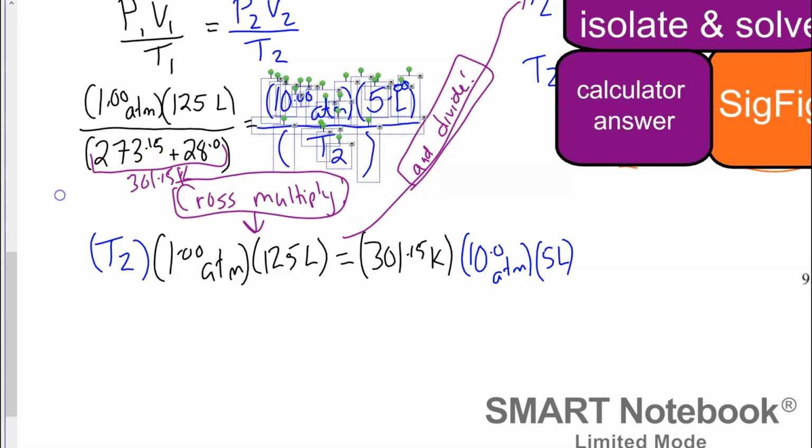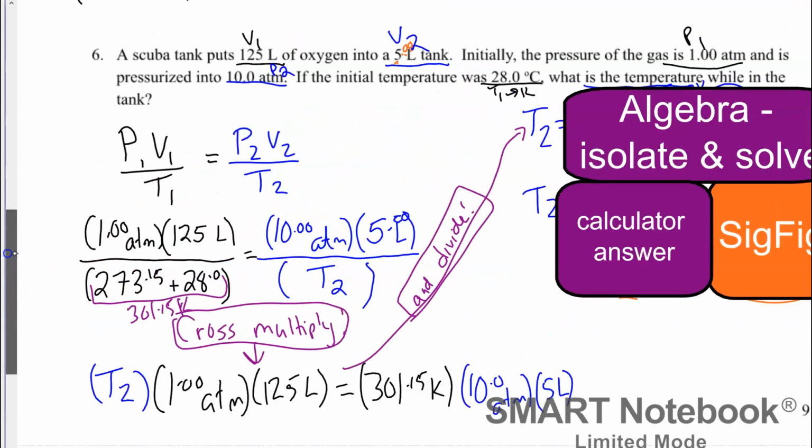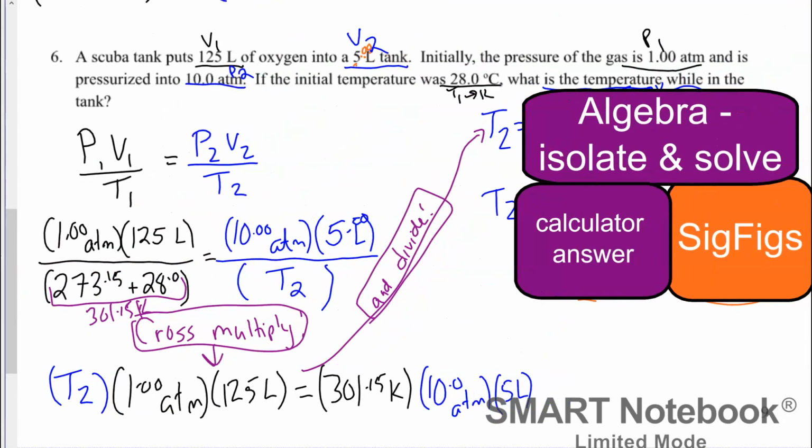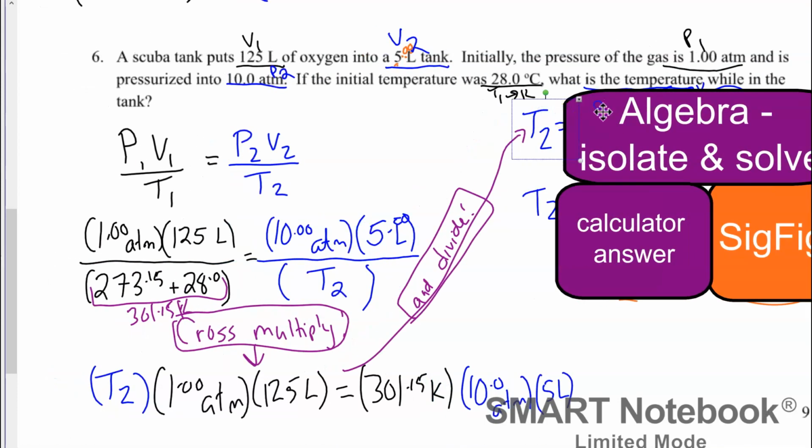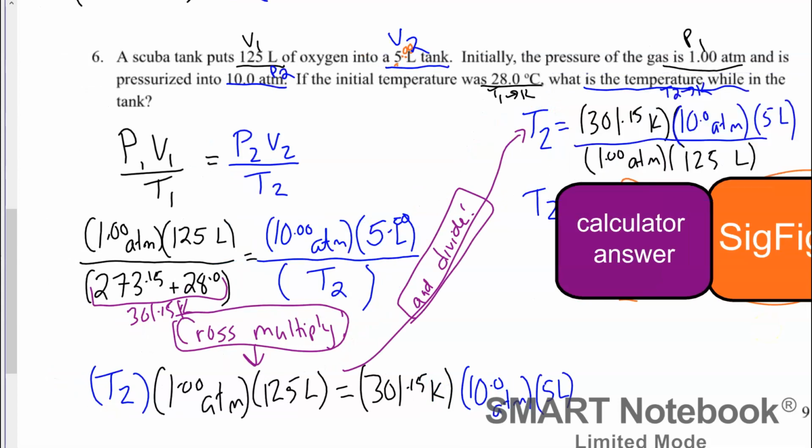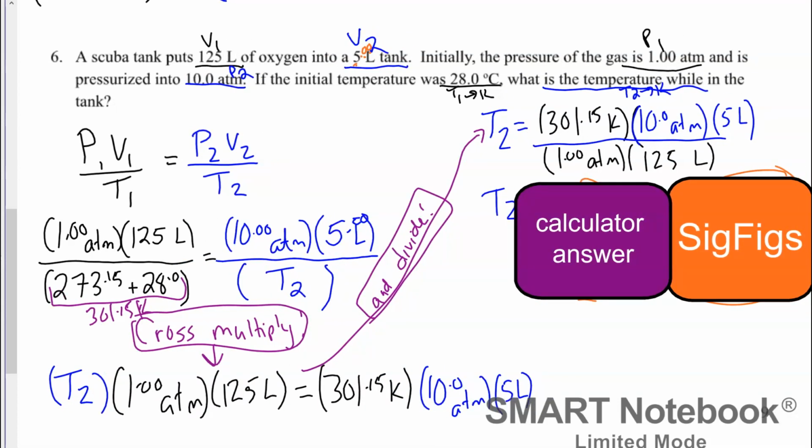And then we're multiplying the other side. This side, that's the new part of our equation. Okay, so we cross multiplied and then we have to divide. So we're going to do that work over here. So T2 is going to be equal to this side divided by what's left over.